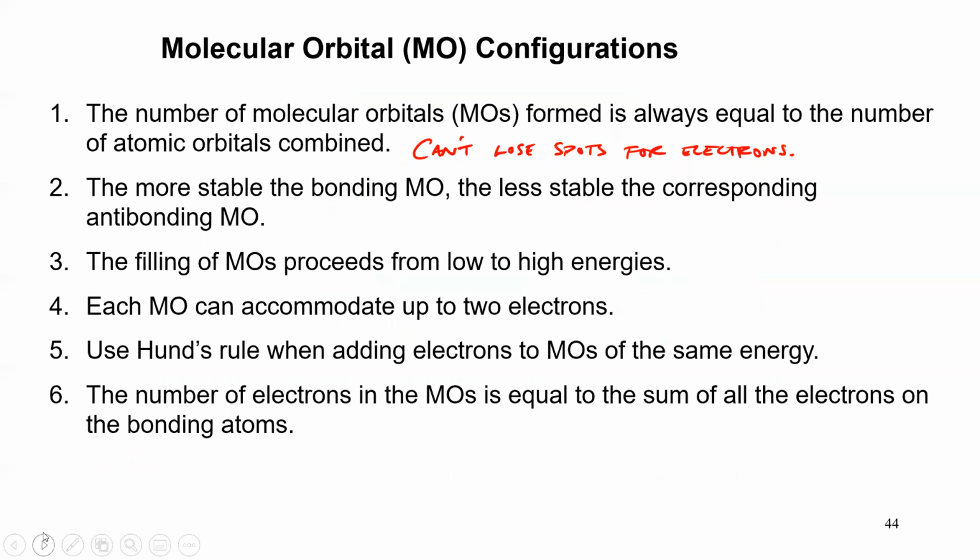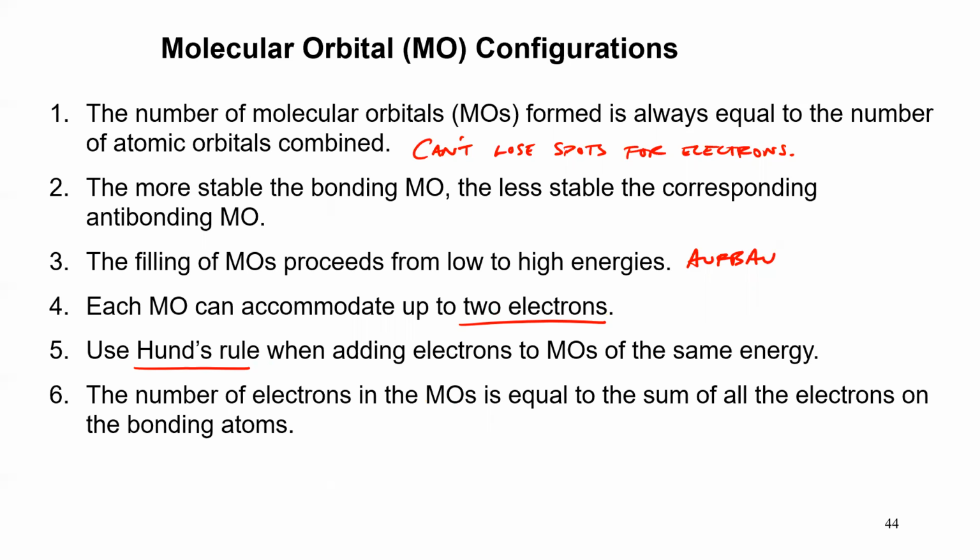Okay. We're going to follow the Aufbau principle, right? Which, remember, tells us that we're going to fill from low to high. Each molecular orbital can accommodate up to 2 electrons. Still, quantum numbers apply, and so this rule is not new to us. We're going to use Hund's rule as we go when we add electrons to molecular orbitals of the same energy.